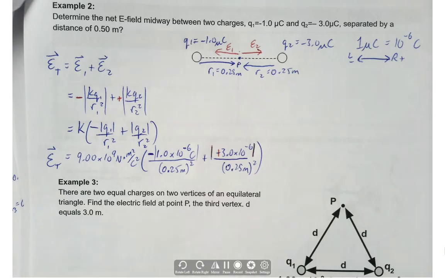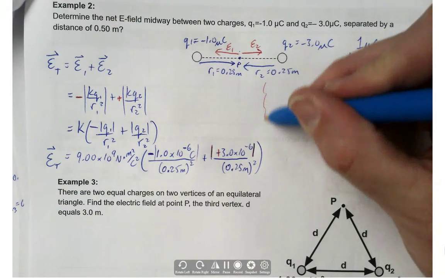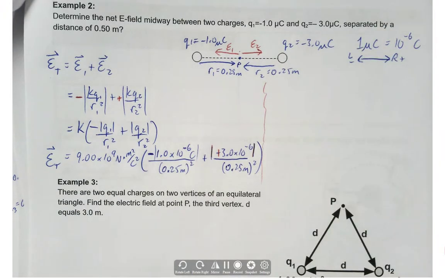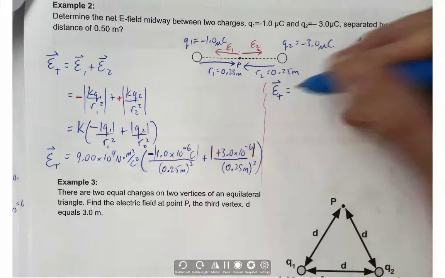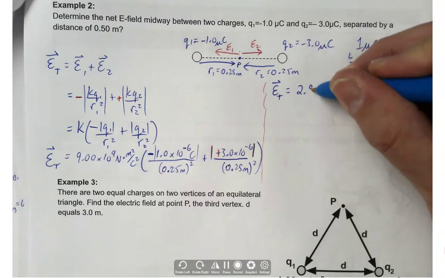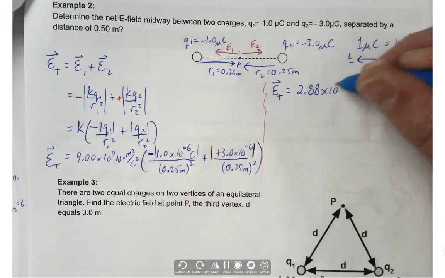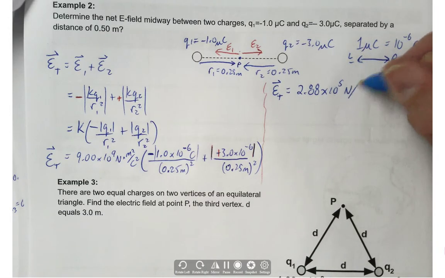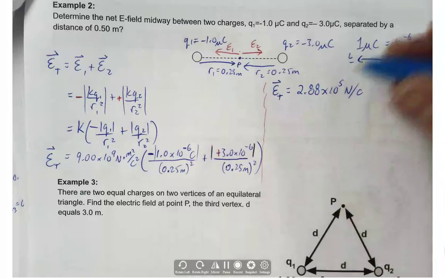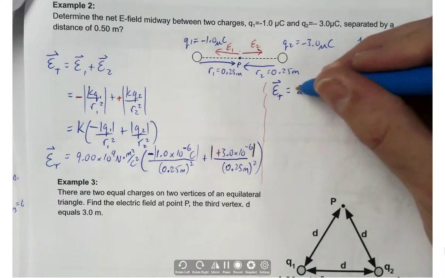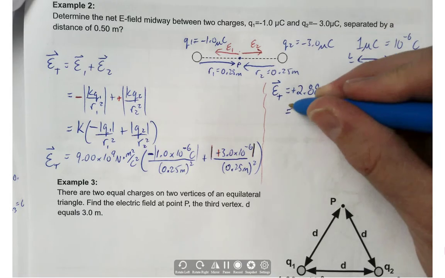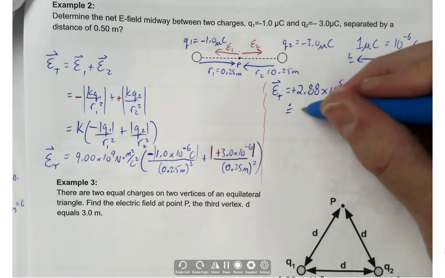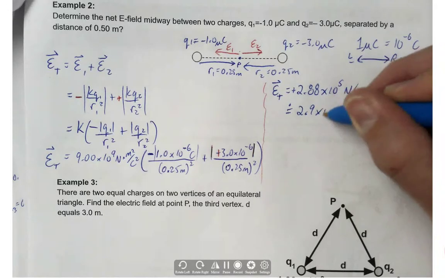We plug all of our values in. At this point, it's all data entry once we've done this level of processing. My epsilon total ends up being 2.88 times 10 to the power of 5 newtons per coulomb. It's positive, I suppose. Looking at the significant figures, there are only 2 sig figs, sadly, so I reduce it down to 2.9 times 10 to the power of 5.